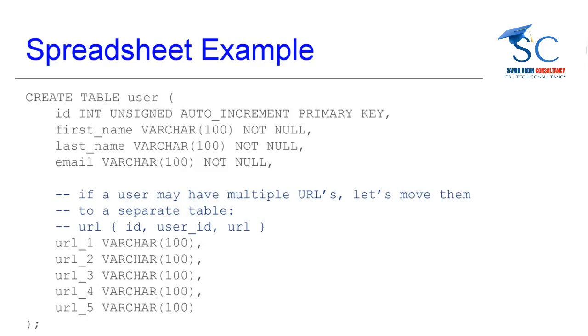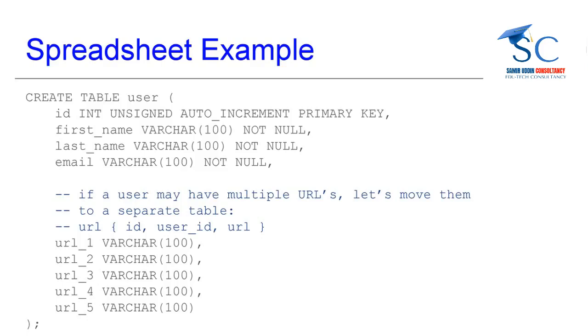So for example, here you can have URL 1, URL 2, 3, 4, 5. If you do this, you will have more columns than necessary, and still, even so, you will introduce a limit that is probably unwanted. So in this case, a user can have up to 5 URLs, not more than that.